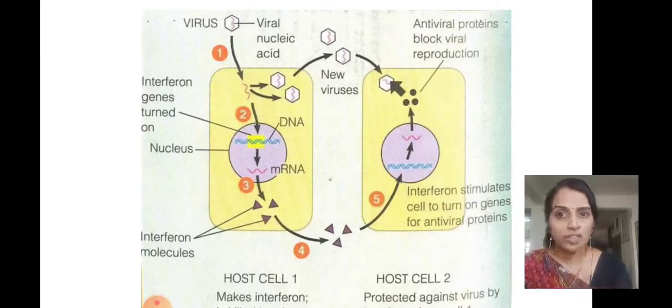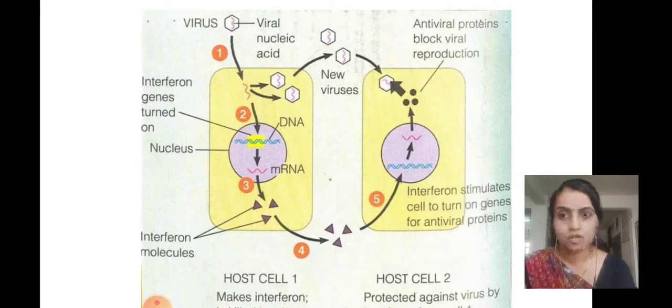With similar genetic makeup, they are synthesizing or replicating the DNA with the same sequence, and that mRNA will synthesize the protein which will try to make the genetic material of the viral body dead. Whichever protein is synthesized by the host cell by checking the genetic material of the viral cell is called interferon molecules.